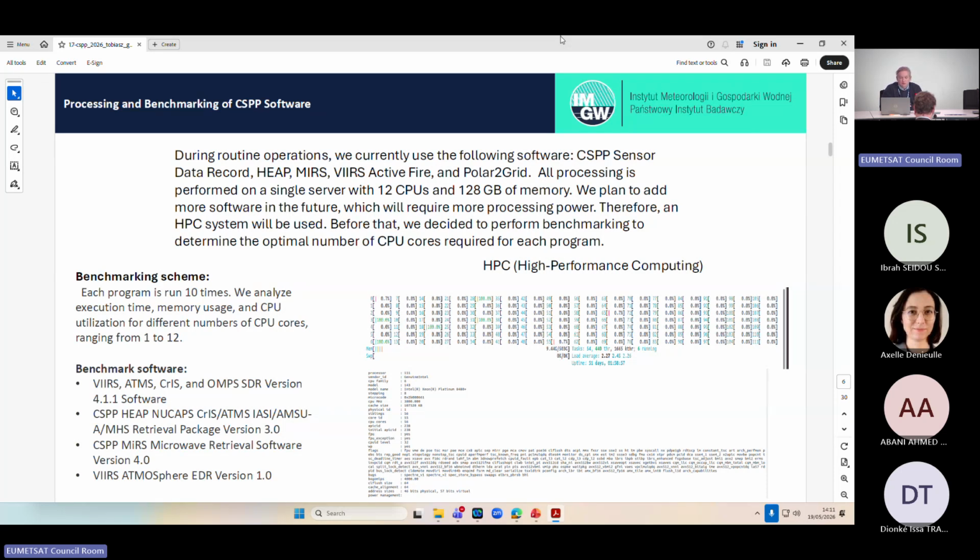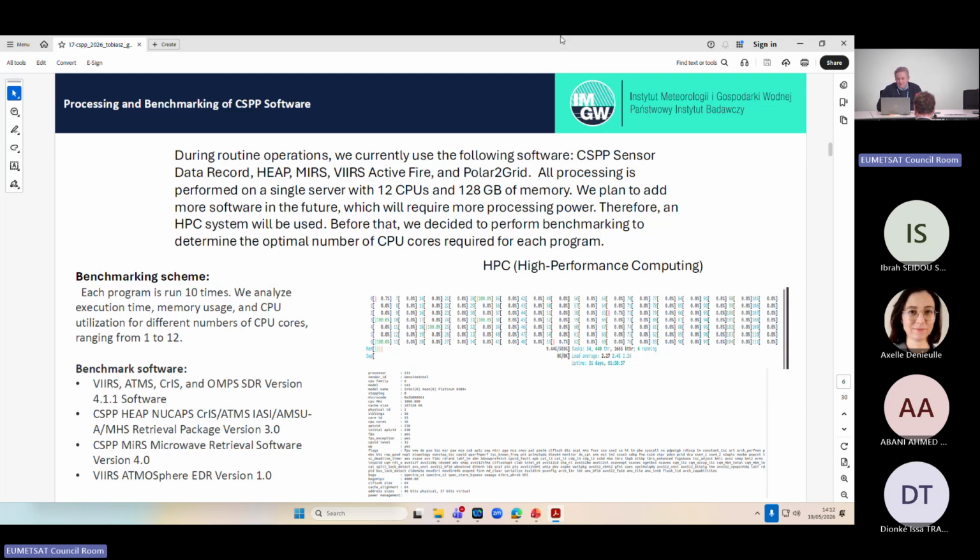We plan to add more in the future, which will of course require more processing power. Therefore, we plan to use our new cluster to process this data. But before that, we decided to perform a benchmark to determine the optimal number of cores required for each program.